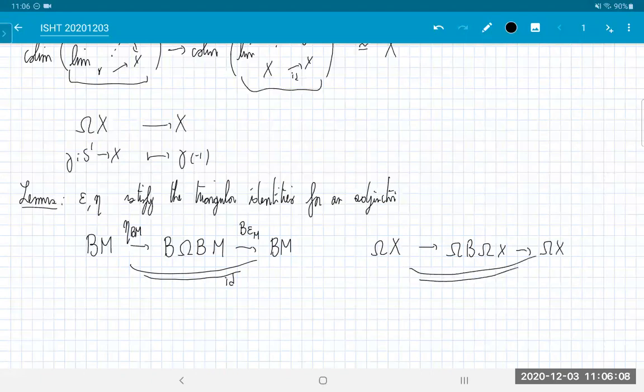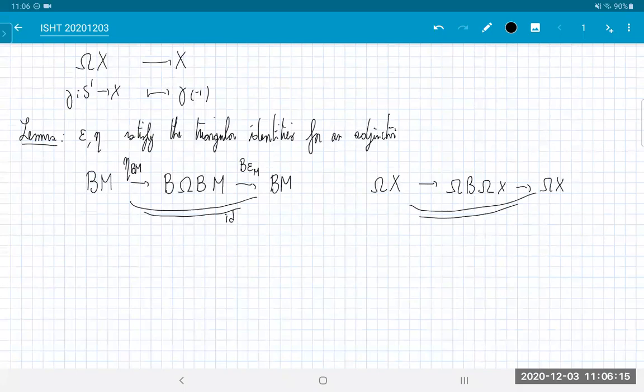And okay, I'm going to verify the first. The other works analogously. So, okay, what is this?